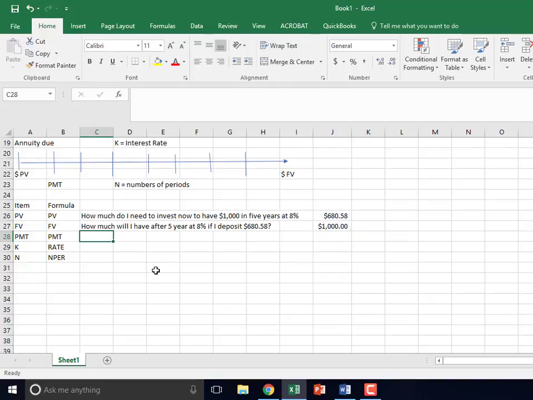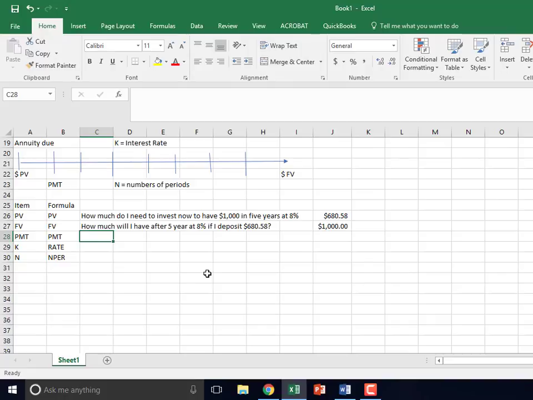Okay, now for PMT, let's say instead of depositing my $680 at the beginning, I'm going to make an interval of payments. So for example, every paycheck I will put $100 away.